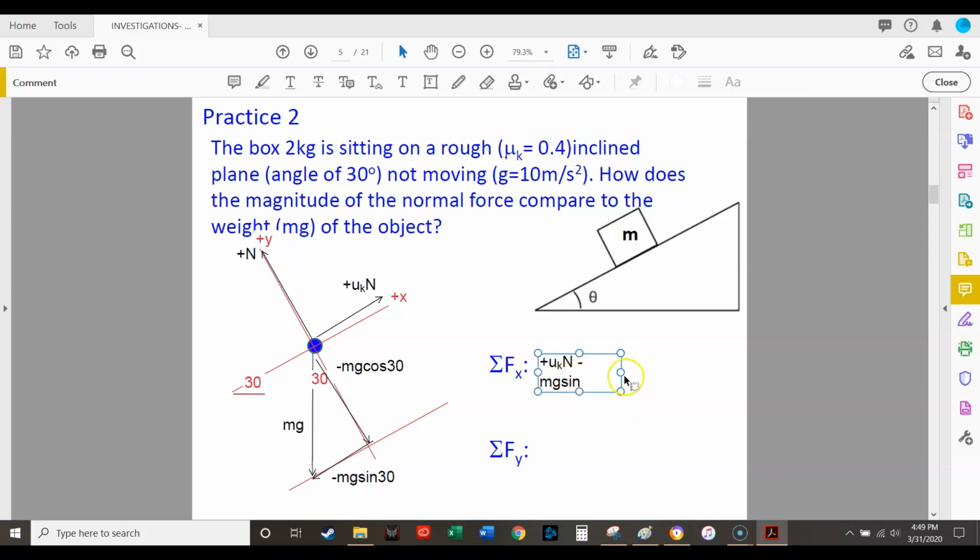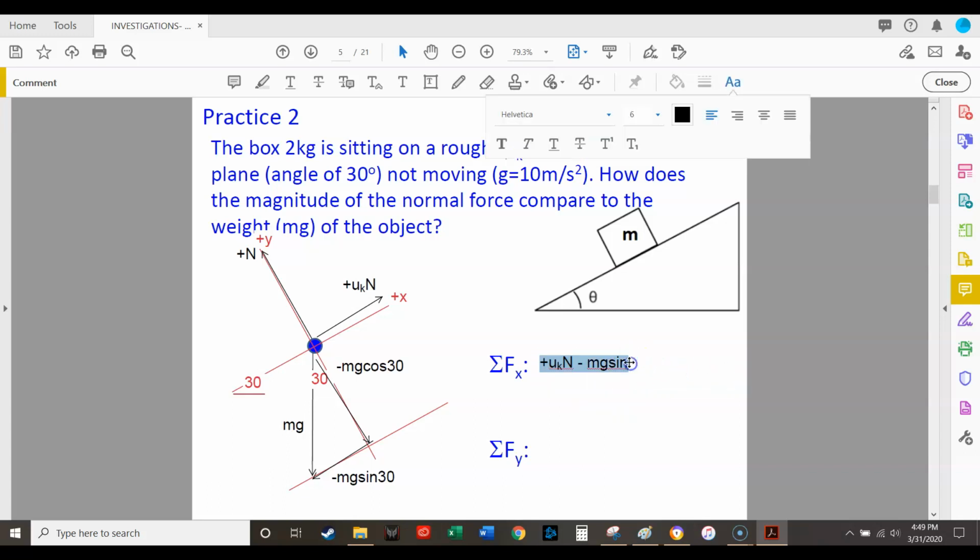Got to remember to expand my text box in this. And that's equal to mass times acceleration in the x direction, but as stated in the problem, the object is not moving. So that mass times acceleration in the x direction is actually going to be equal to 0 newtons. Oops, forgot my 30 degrees there.